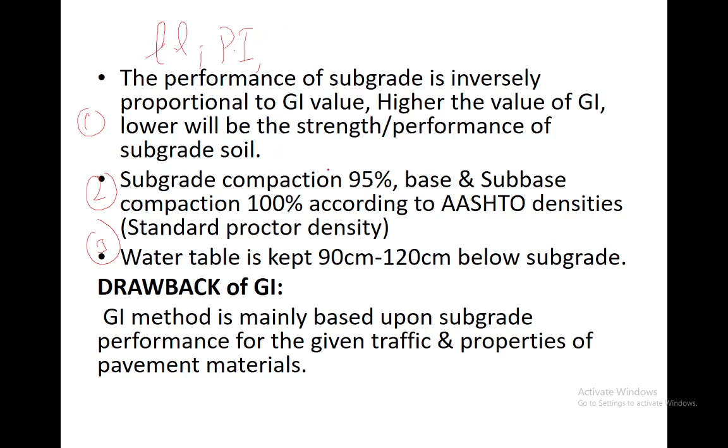The performance of the subgrade is inversely proportional to the GI value. So if we have a higher value of GI, the strength of the subgrade will be lower. A subgrade soil with a higher GI, like up to 20, is considered very poor.